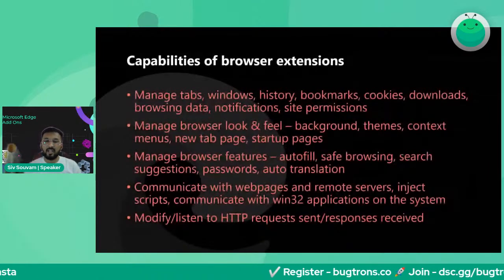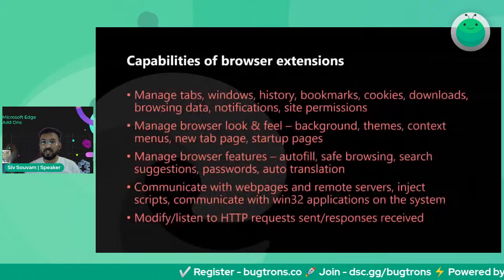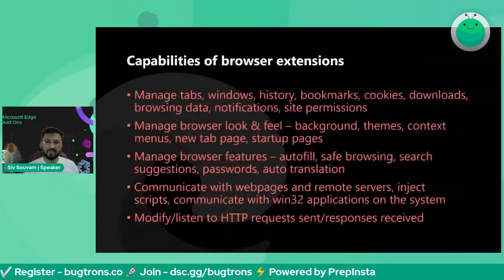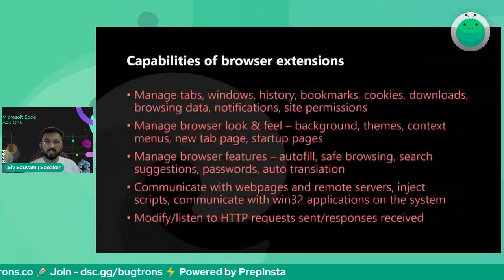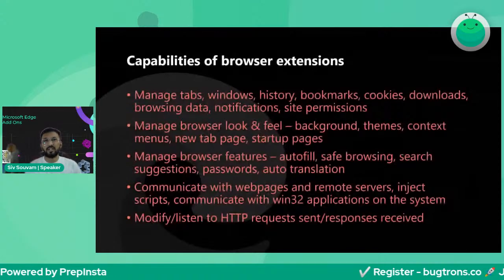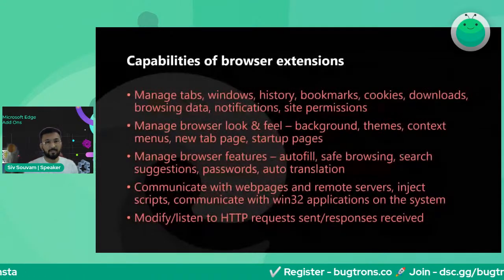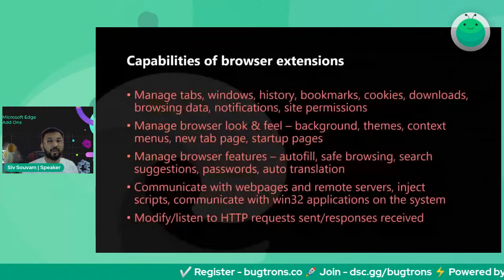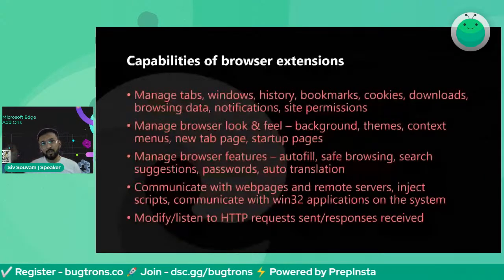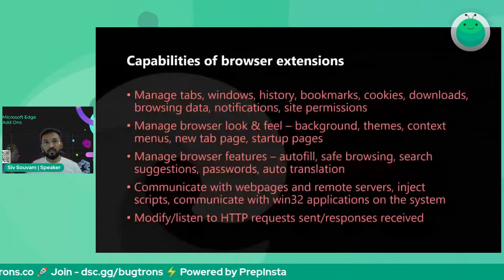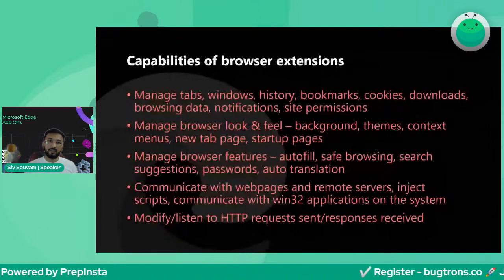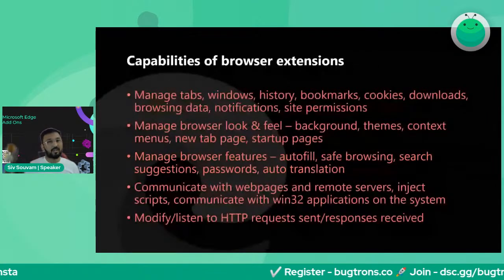It manages a lot of features like autofill, safe browsing experience, search suggestions, passwords, and many more. When I say capabilities of browser extensions, there are a lot of them, and we have jotted down a few of them here. I hope you can understand the power of browser extensions and how you can build something and solve lots of problems.